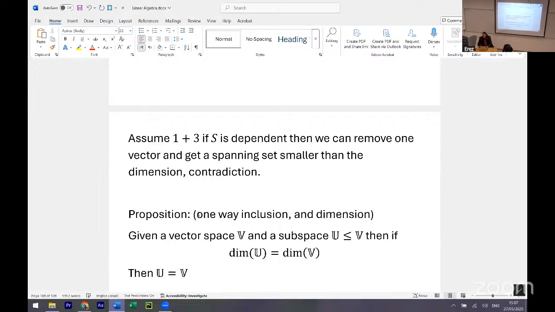That's a shorthand to remember that you don't need to do two-way inclusion always.